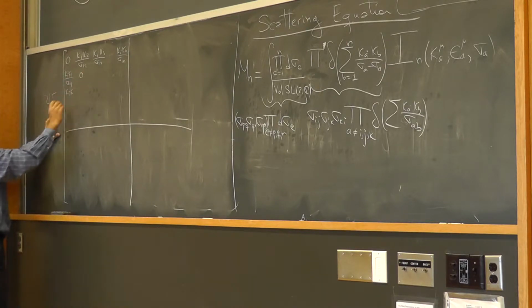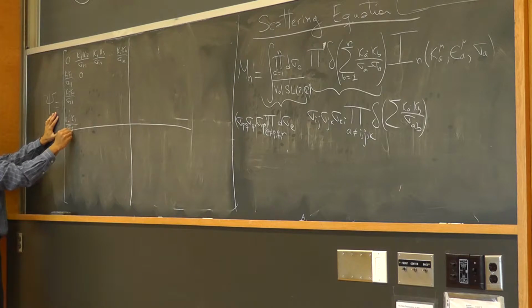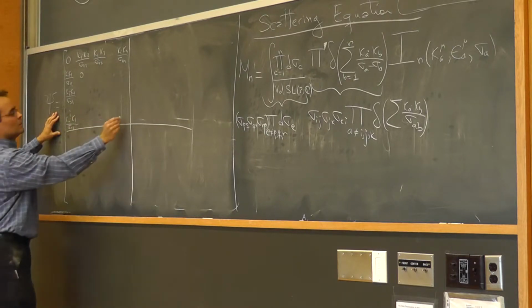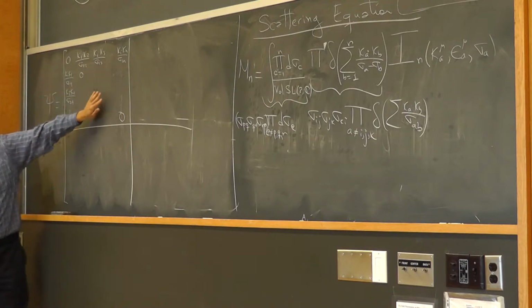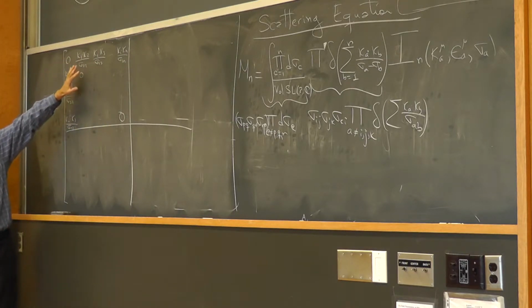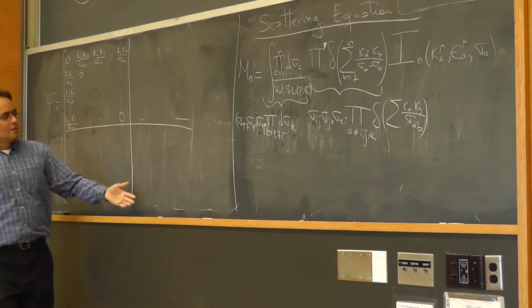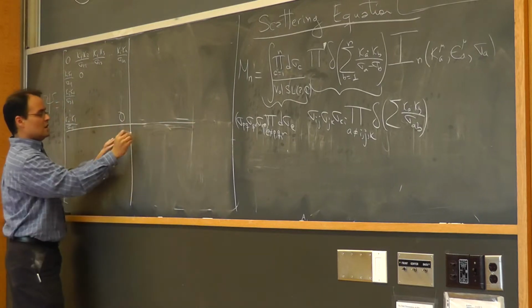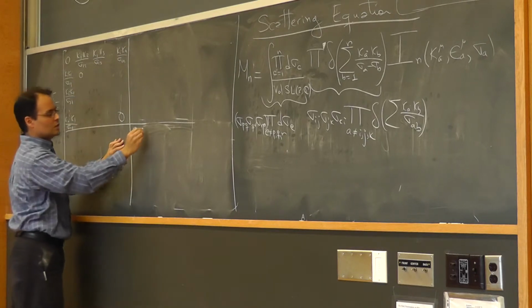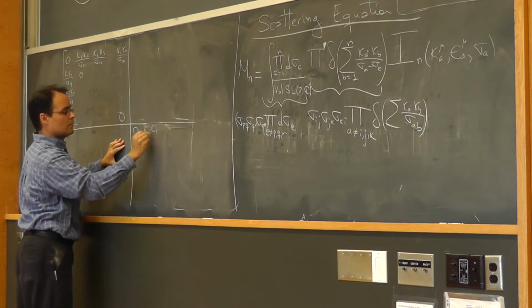K3 dot K1 over sigma 3,1. Kn dot K1 over sigma n,1, all the way here to 0. So you can follow the pattern. This block only contains information about the momentum. Of course, I need polarization vectors, so I'm going to mimic this structure here.